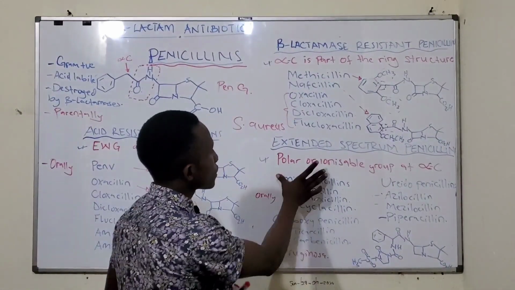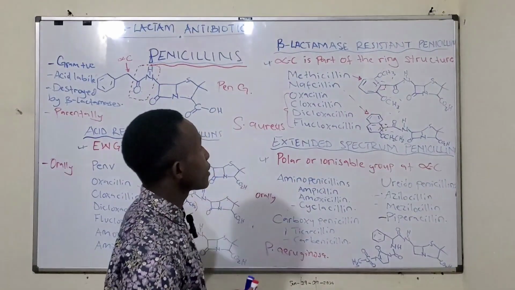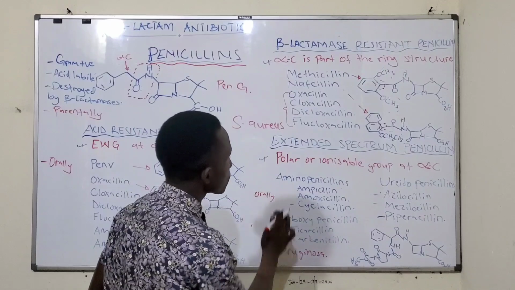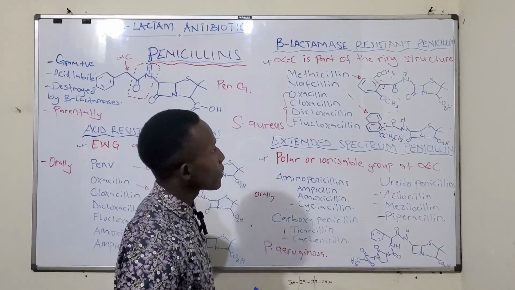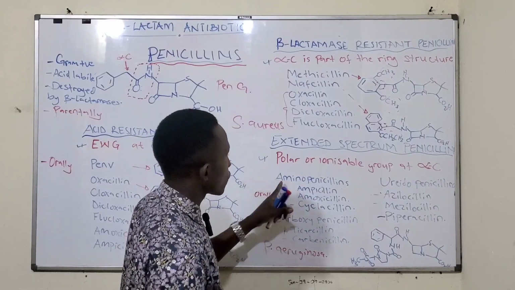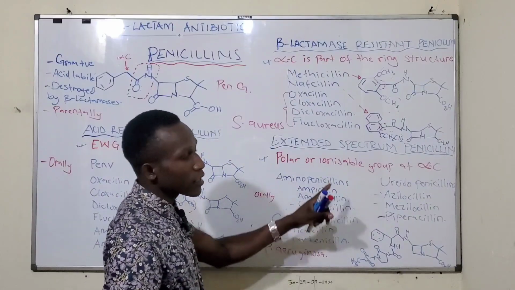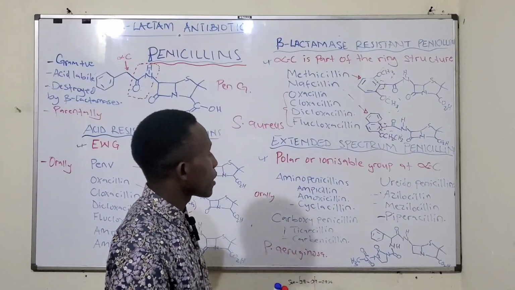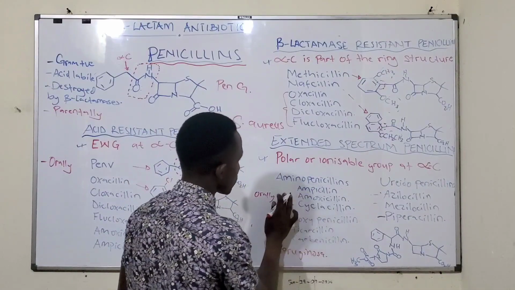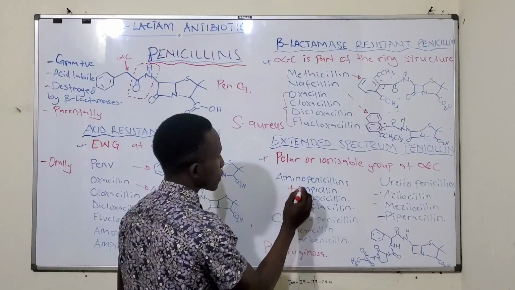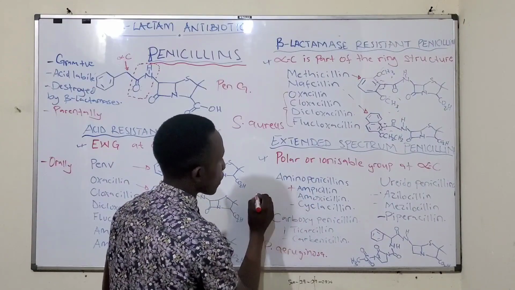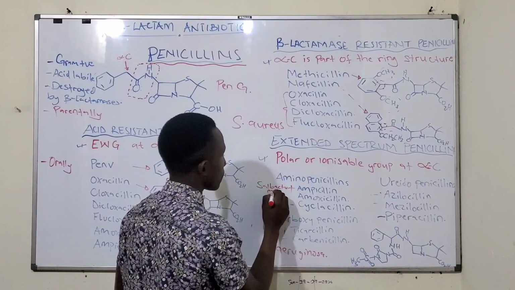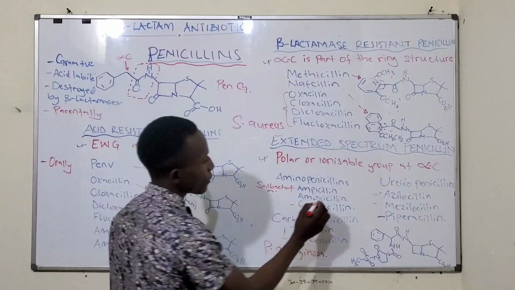Also, since these penicillins are extended spectrum, they are destroyed by beta-lactamases. So most of the time, these penicillins are given with beta-lactamase inhibitors. To reduce their destruction, they are given in fixed doses with beta-lactamase inhibitors. For example, ampicillin is there with sulbactam.